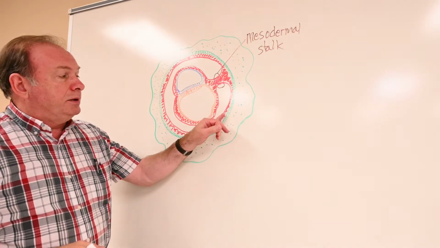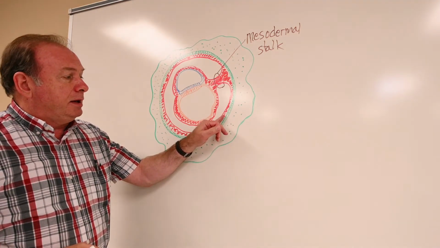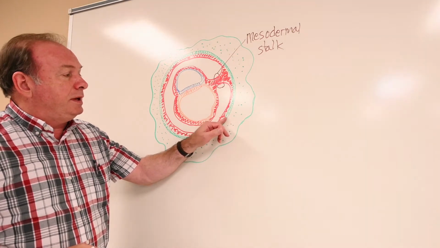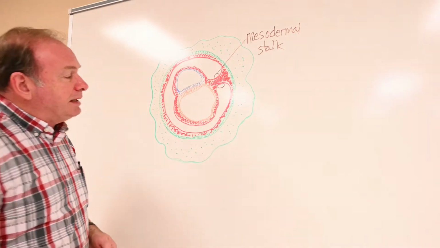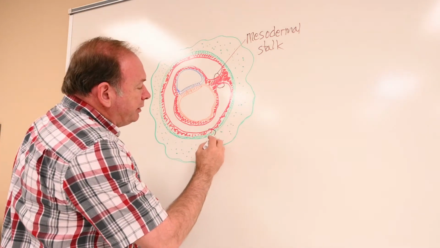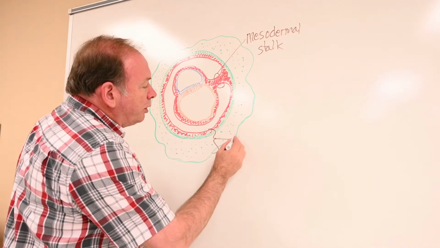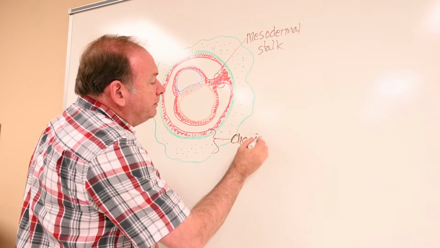The three layers we have here, that layer of mesoderm, the trophoblast, cytotrophoblast, and syncytiotrophoblast, all three of those together make up what we call the chorion, or chorionic membrane.